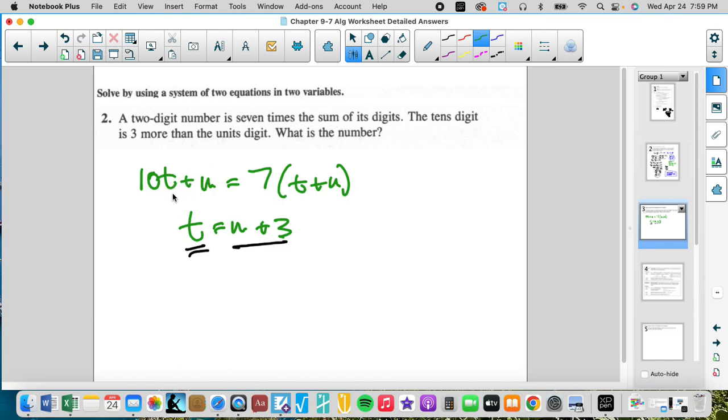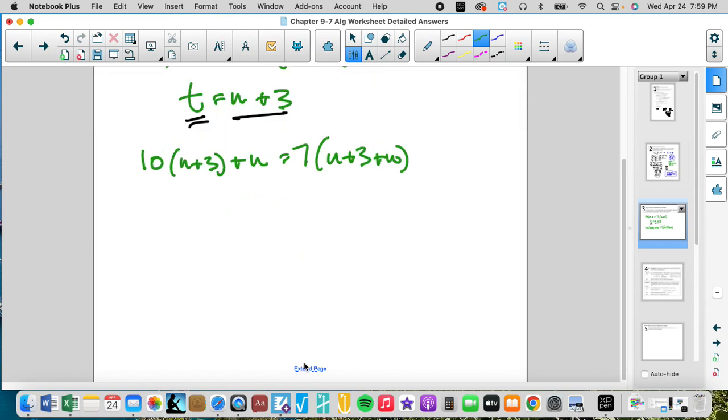All right, we're going to take that and plug it in for t, so we get 10 times... instead of writing t, we're going to write u plus 3, plus u equals 7 times the quantity u plus 3 plus u. So 10u plus 30 plus u equals 7 times the quantity 2u plus 3.